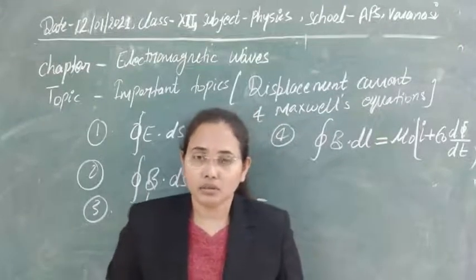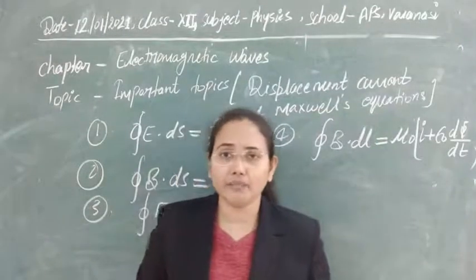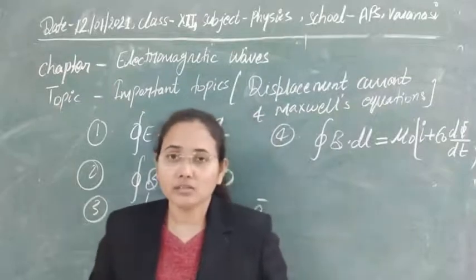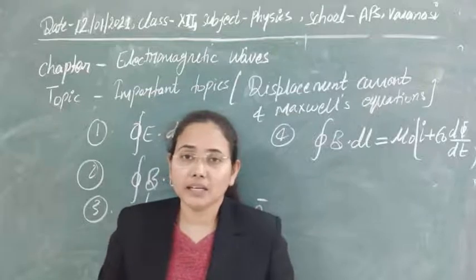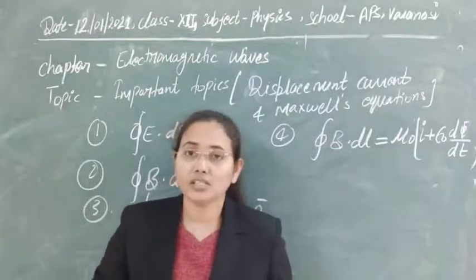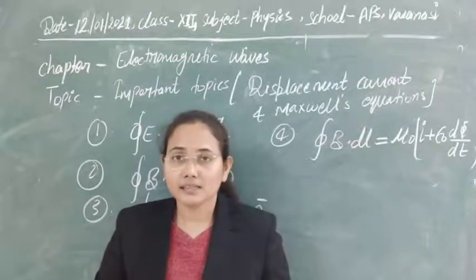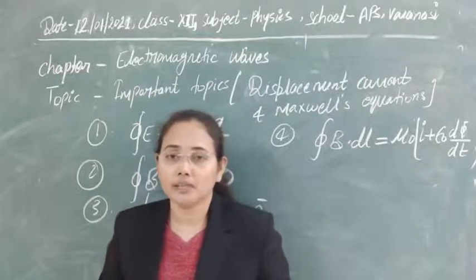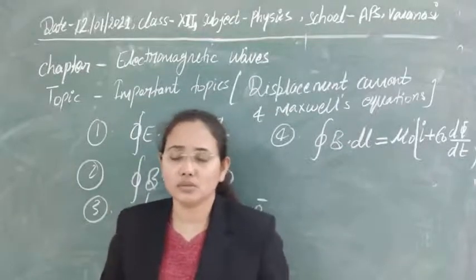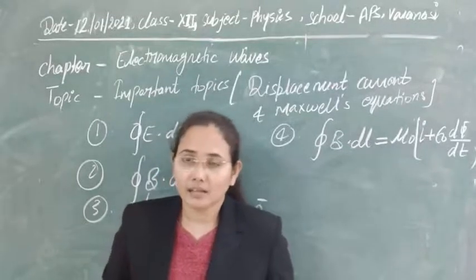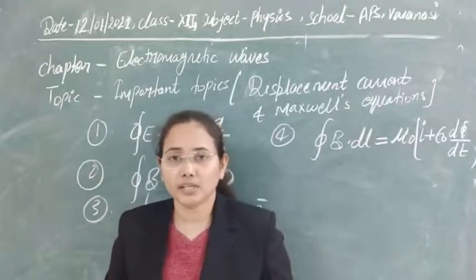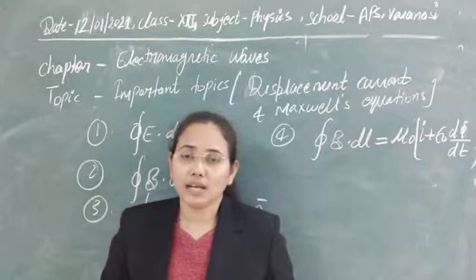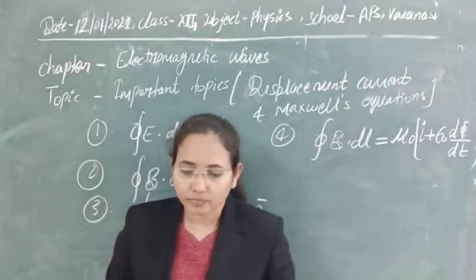Mechanical waves need a medium, and the oscillation of the particles is in the direction of propagation. In the same way, what are the properties and nature of electromagnetic waves? One by one you can summarize all the properties here.